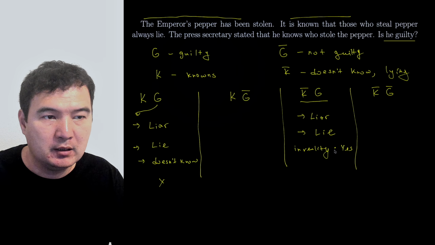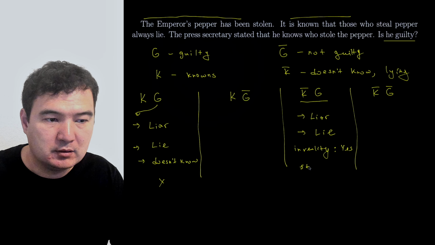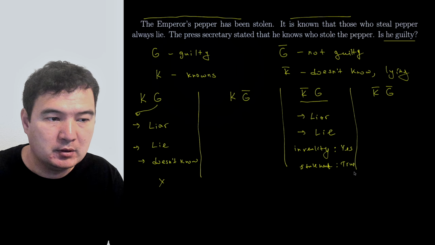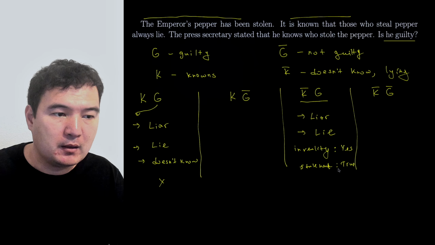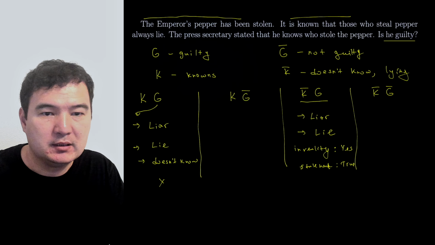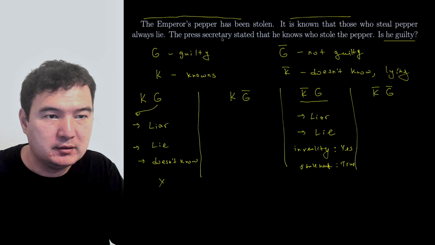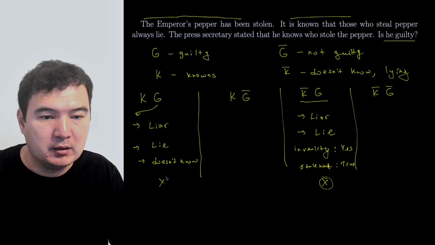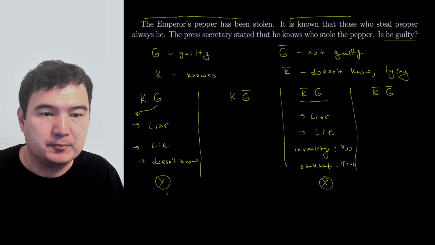Yes. What's he saying? The statement is true. So again, this is not a lie. If he is guilty, this statement is not a lie. So this is also not a possible scenario. So these two scenarios are not possible.